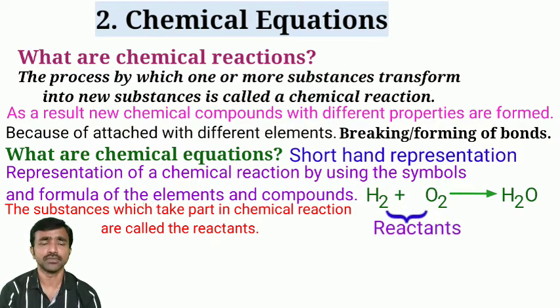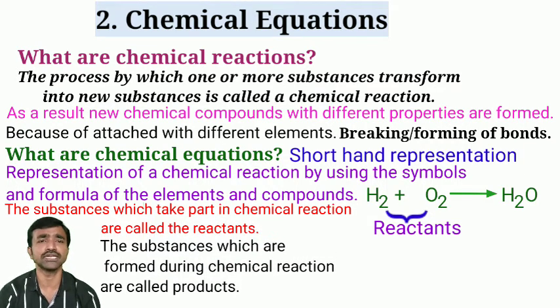After the change, what is produced, for example water, is said to be a product. Products are the substances that remain after the change with different characteristic properties. Here water is a product, and hydrogen and oxygen are the reactants.